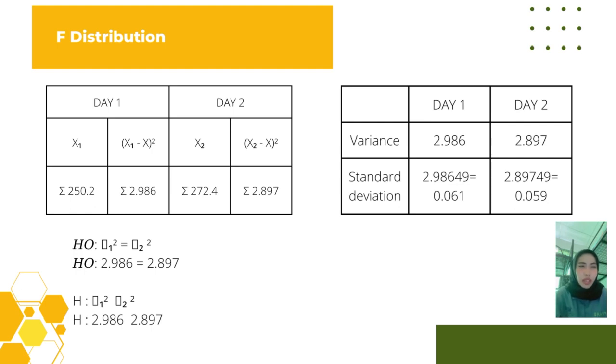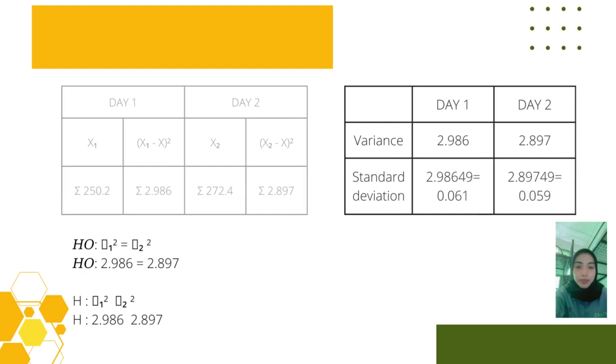For day 1, the variance is 2.986 and the standard deviation is 0.061. For day 2, they are 2.897 and 0.059.